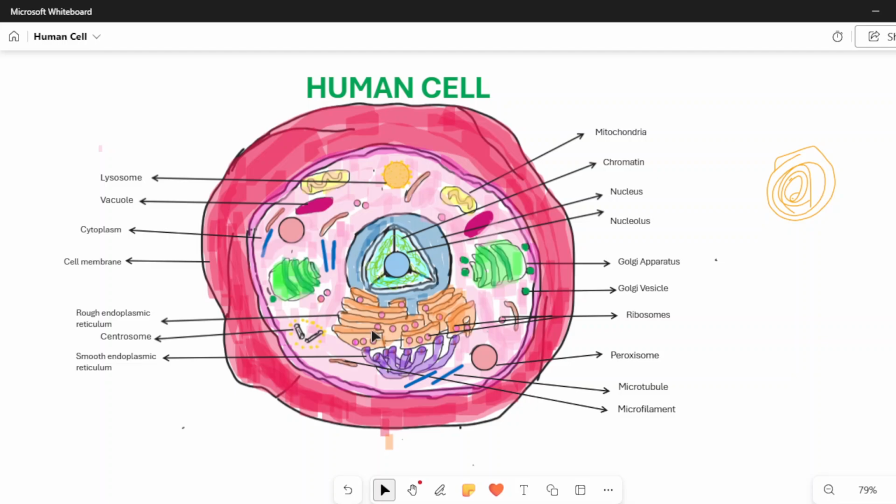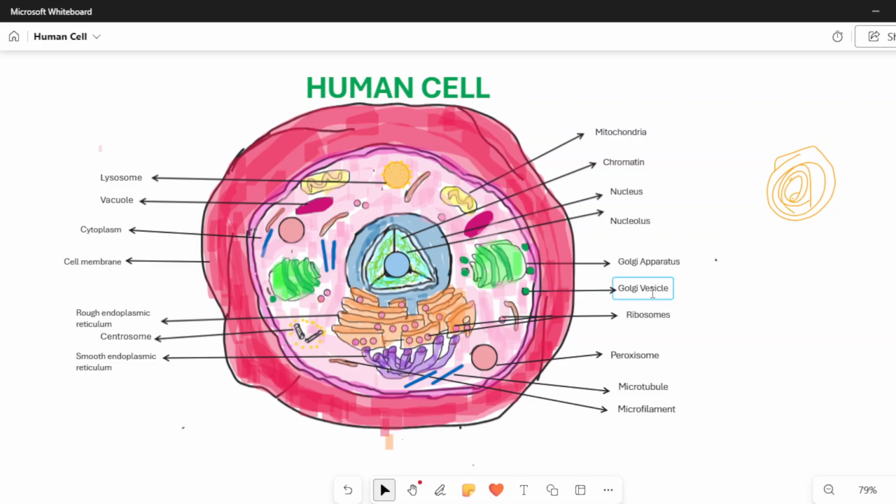So what is the purpose of this rough endoplasmic reticulum? Whatever proteins the ribosomes are preparing, the rough endoplasmic reticulum folds those proteins into useful forms which can be sent to other organelles to repair their part or be used in whatever form is required. So the rough one folds the proteins and packs them into vacuum bubbles called vesicles.